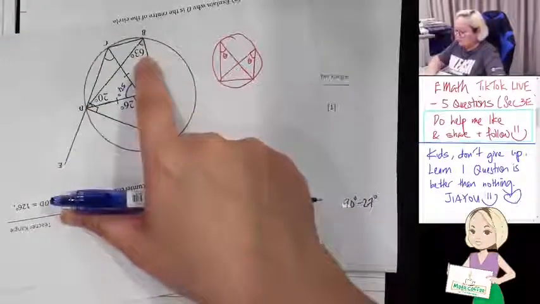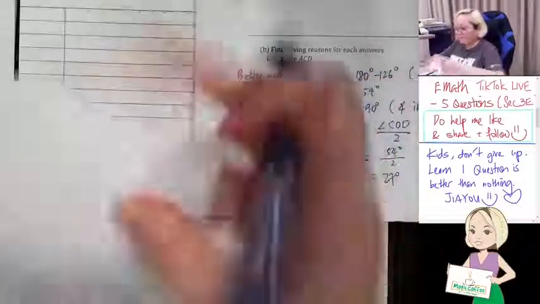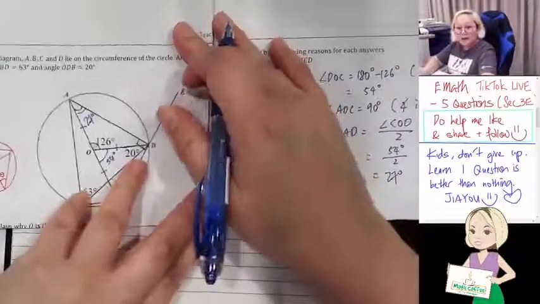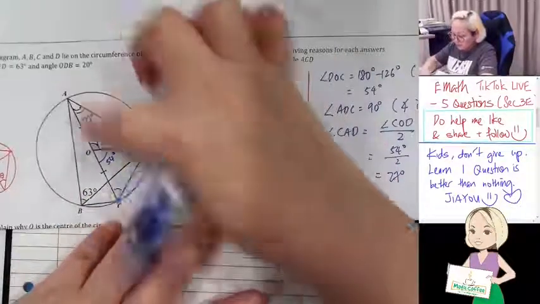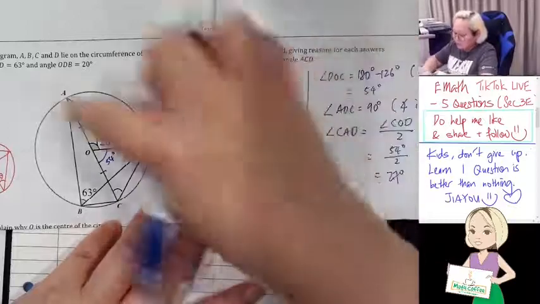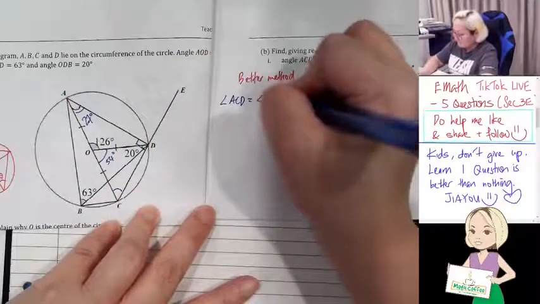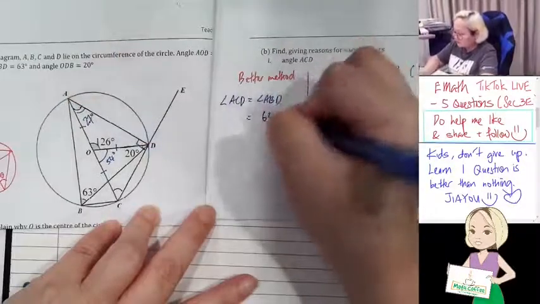So it's 63. I should just write angle ACD equals angle ABD. You can see that they have the same base AD, so it equals 63 degrees.